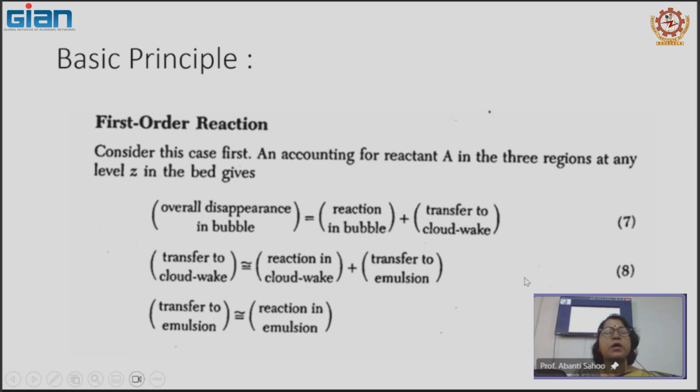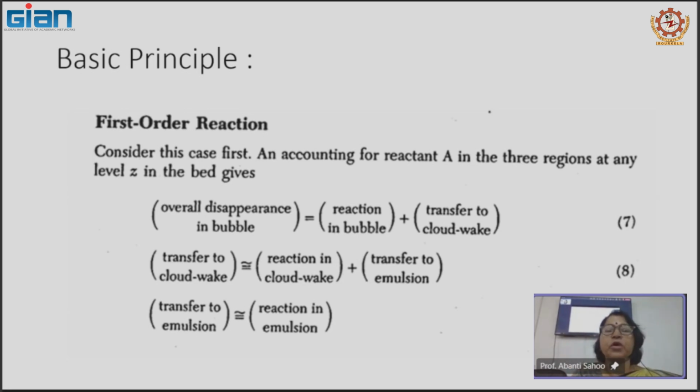The basic principle here is that the overall disappearance in the bubble will be the reaction in the bubble plus the transfer to the cloud wake. As I told, when the gas is entering, the bubble is moving at a faster speed. So naturally, in the overall disappearance, the gas will be forming the cloud again for the successive bubbles which will be coming from the lower region.